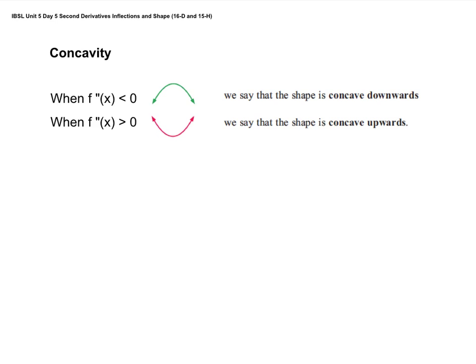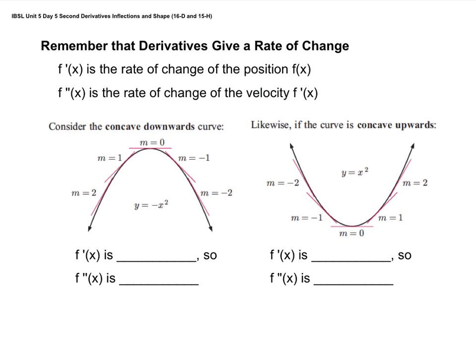The second derivative is positive when it is concave up. And you see there the basic shape of concave up, but again, we could have, say, an exponential growth function like this, where we know that it is increasing forever, but it's also concave up forever. Now, you might say, what does the second derivative really tell us? Well, remember, derivatives give a rate of change.